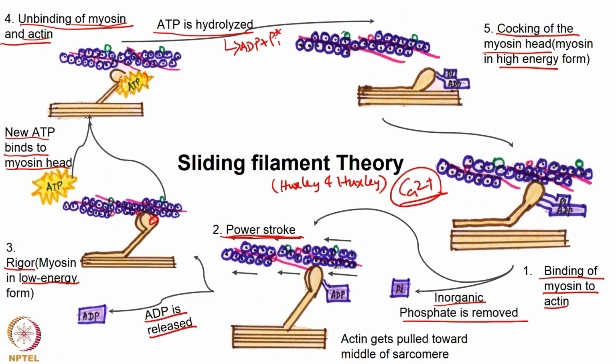Crucial to this function are two things: one, obviously ATP or energy; two, calcium. If even one of these is not present, then this will not happen. So, this is the crucial role of calcium in the sliding filament theory, or in the production of force by the muscle.